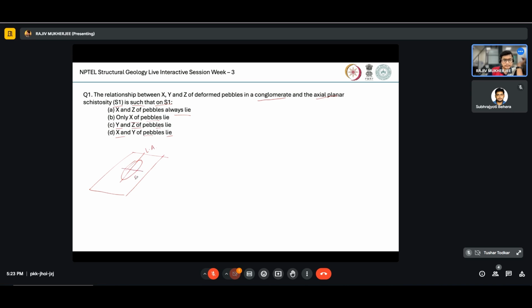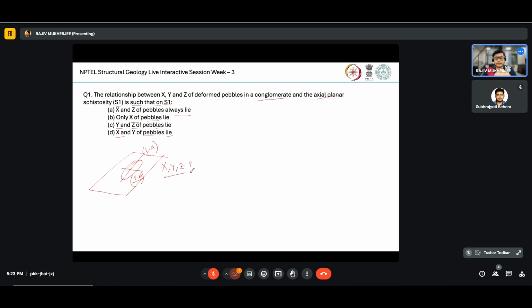So the question is asking how the long axis and the short axis of this elliptical pebble is actually oriented with respect to the kinematic x, y, and z directions.